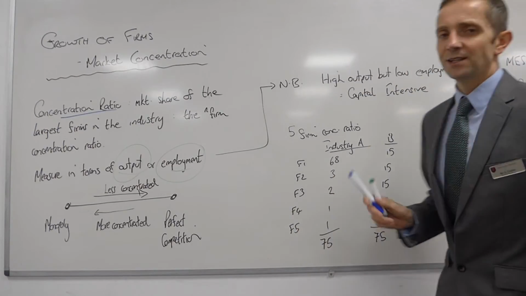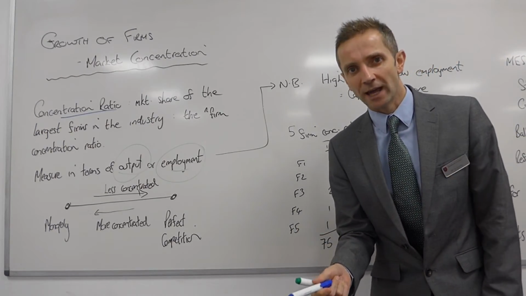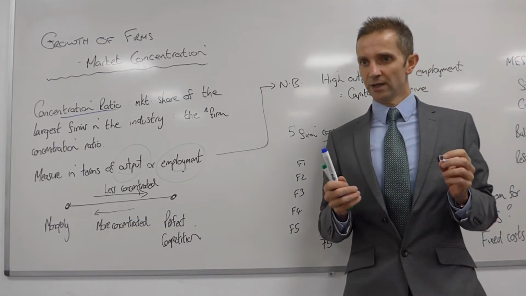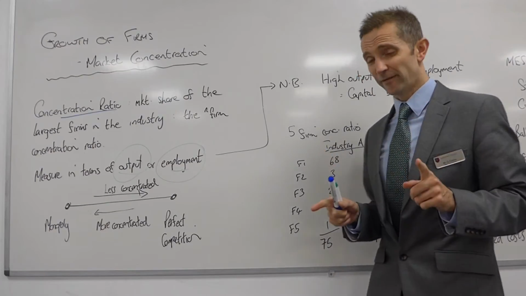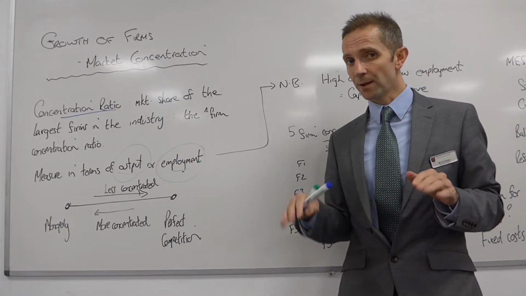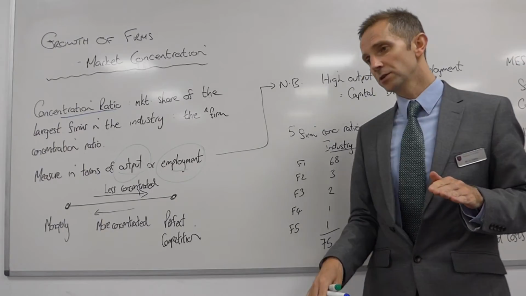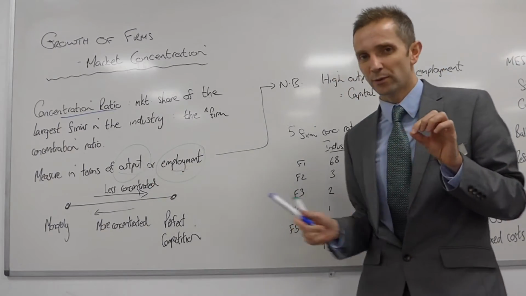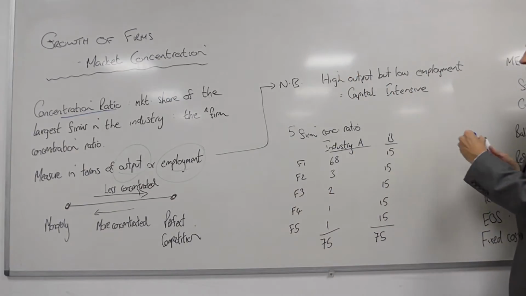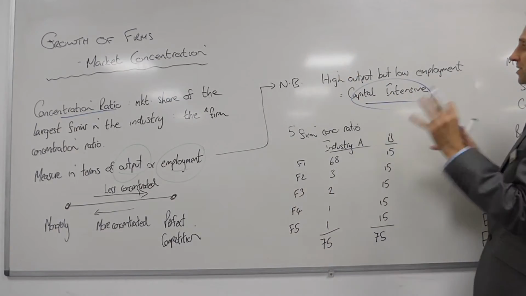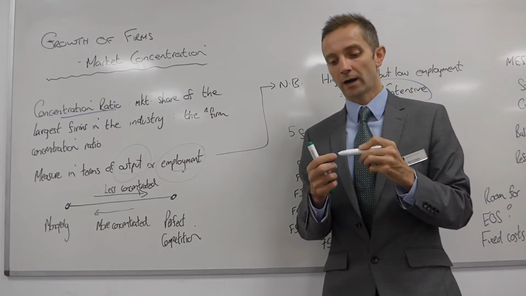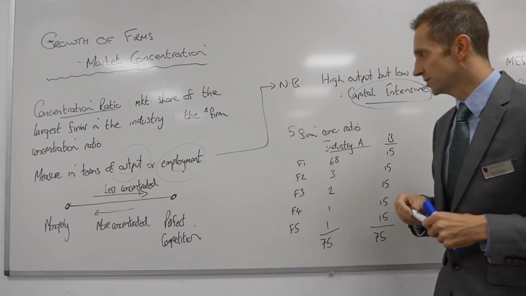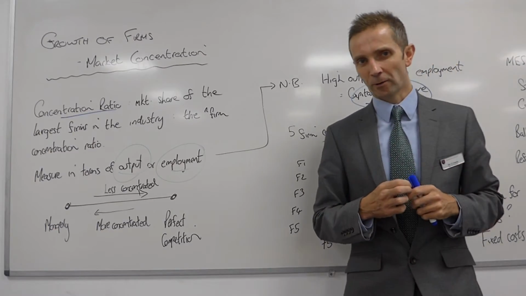So that is highly capital intensive. It might have massive circulation in terms of numbers of papers sold. However, in terms of employment numbers, that might actually be quite low. So you might get different answers depending upon whether you look at output or employment, especially if you're considering a capital intensive industry, one where lots of machinery is used. So nota bene, note well, ladies and gentlemen, that's something to look out for.